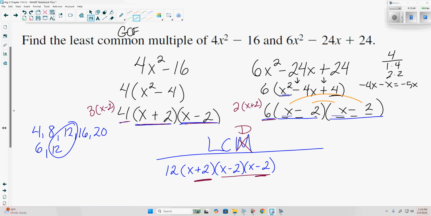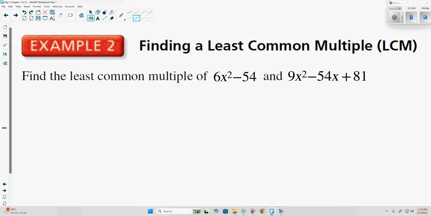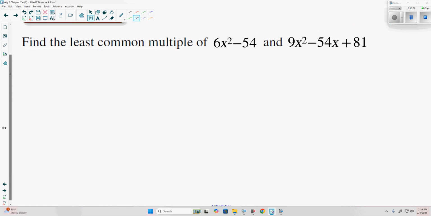You all notice this here? Again, factoring, factoring, factoring. Least common multiple of 6x squared minus 54 and 9x squared minus 54x plus 81. Six x squared minus 54. Is there a greatest common factor between 6x squared and 54?